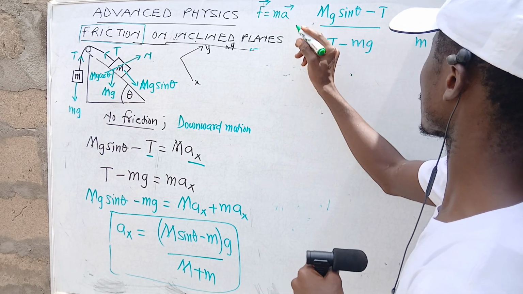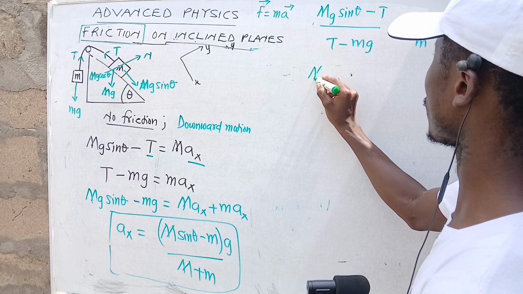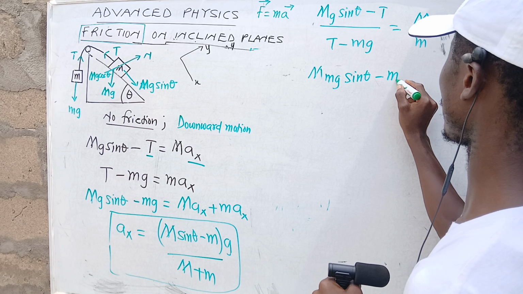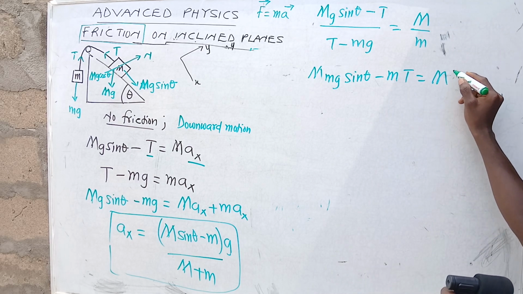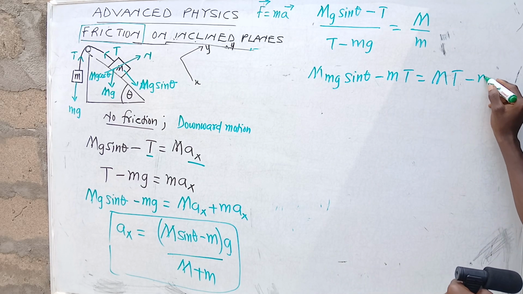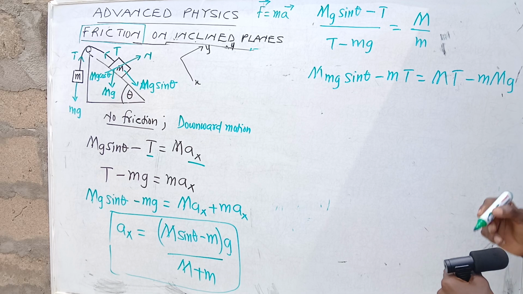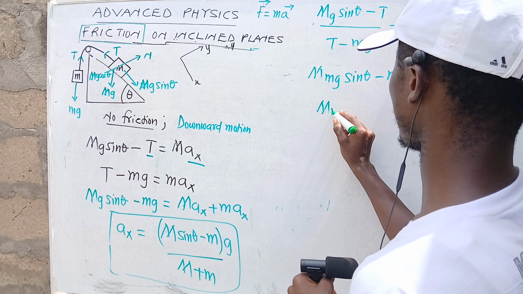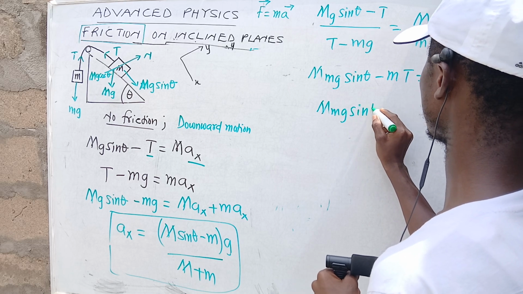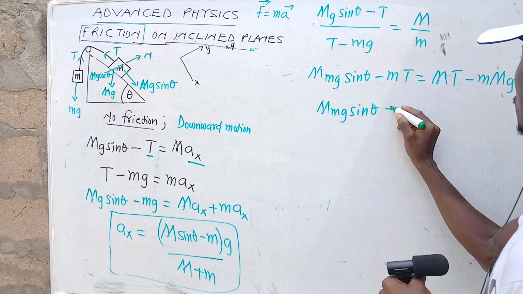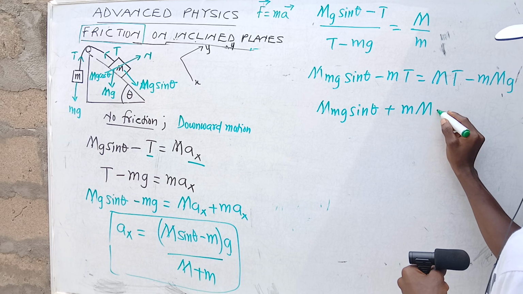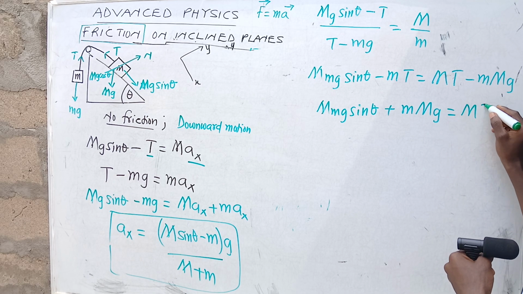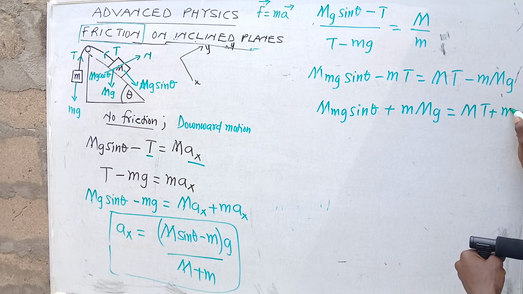So multiplying through by m, capital M small m g sine theta minus small m T is equal to capital M T minus small m capital M g. And then grouping like terms, we have capital M small m g sine theta plus M m g is equal to MT plus small m T.